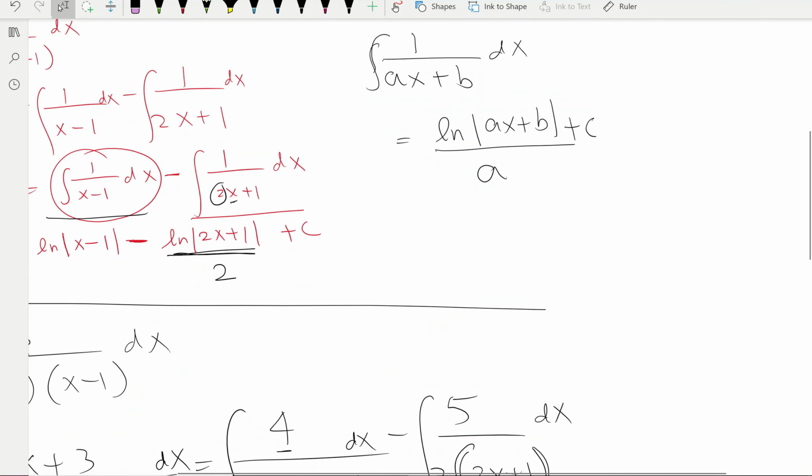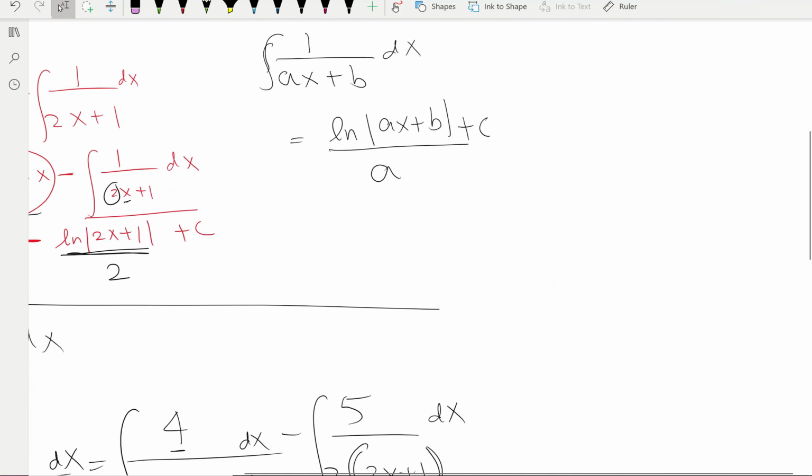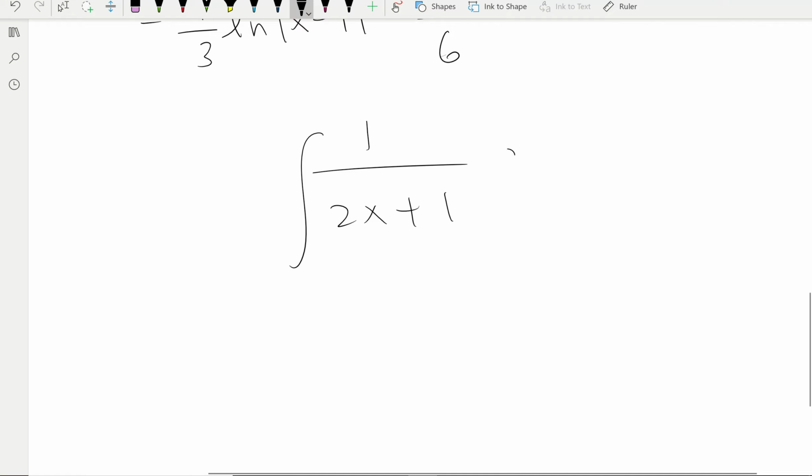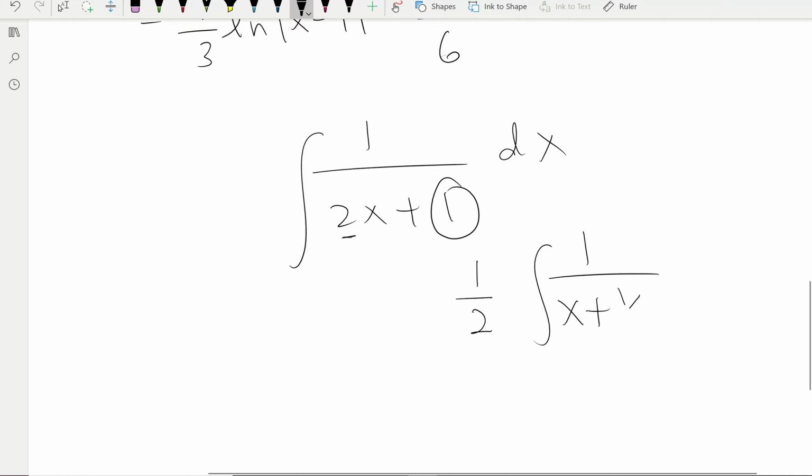Now, how about if you want to take that 2 out? Let me do it as a separate example. If you don't like it there, what should you do? If you want to pull that 2 out, well, pull it out. So you have one half times 1 over x plus 1 over 2.